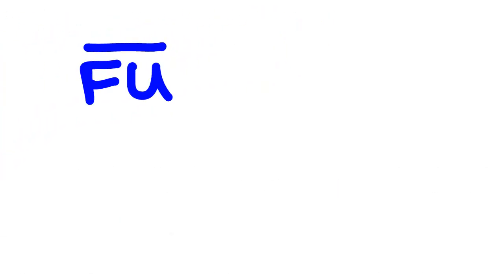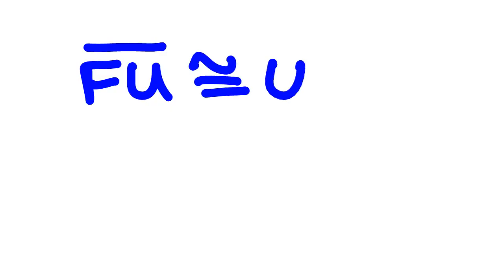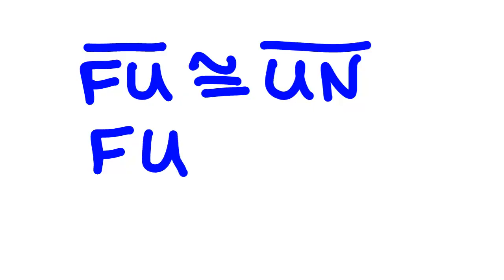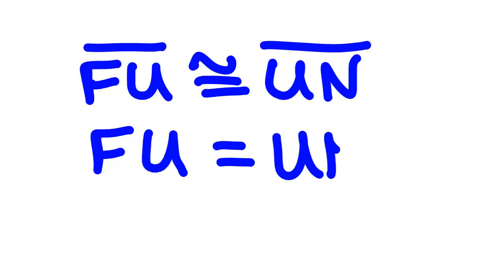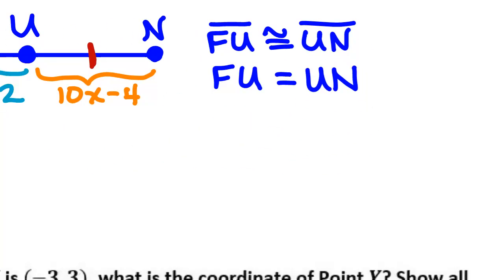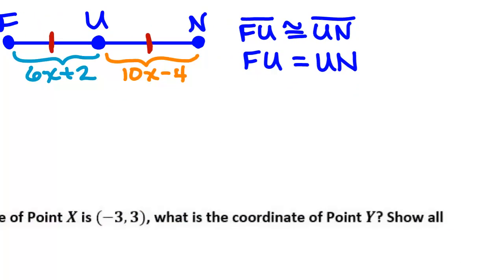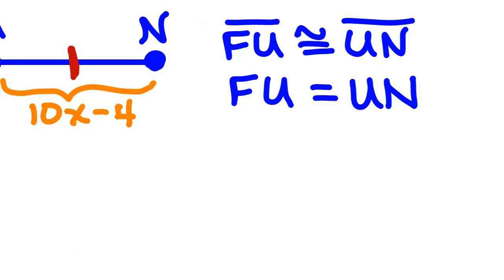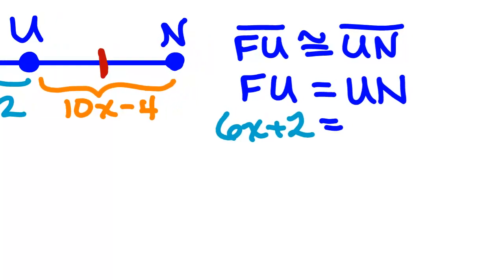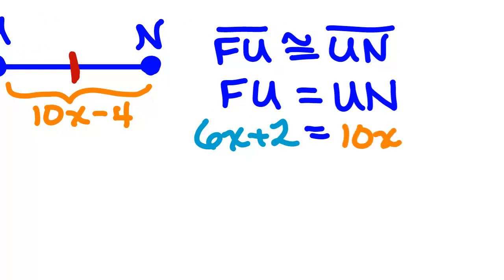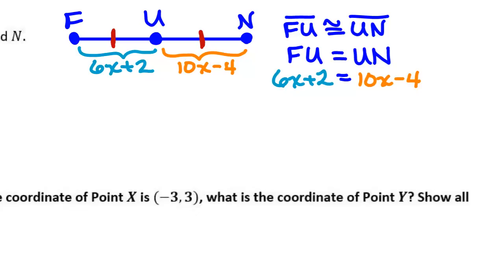They're equal. So the measurement of segment FU is equal to the measurement of segment UN. In the place of FU, we can replace that with 6x plus 2. Drop my equal sign down. In the place of UN, we can replace that with 10x minus 4. And then we're going to solve this for x.